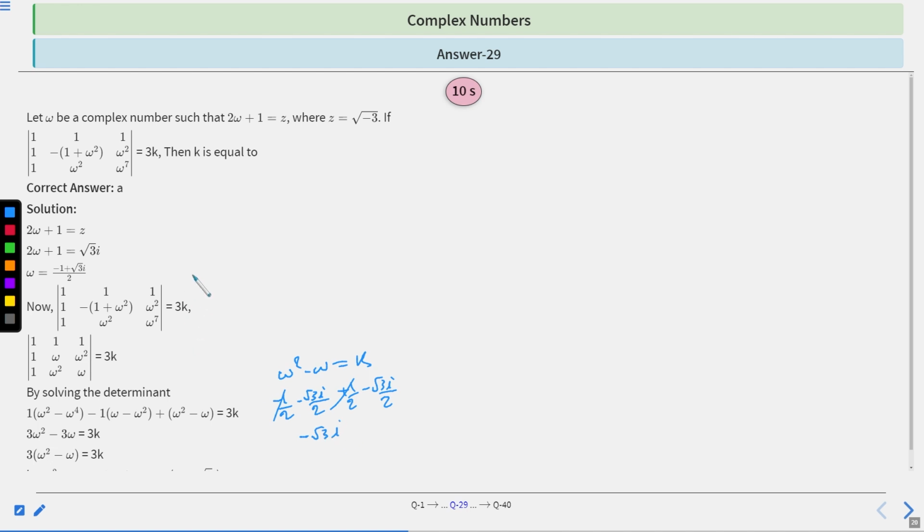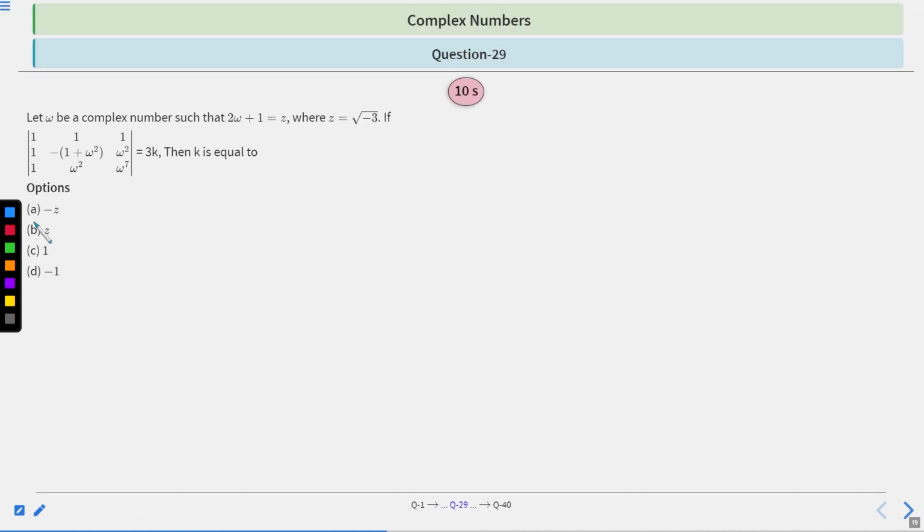Clear? And what is minus root 3 iota? It is basically minus of z, because z is 2 omega plus 1, which is root 3 iota. So minus root 3 iota is basically minus of z. So option A will be the right choice.